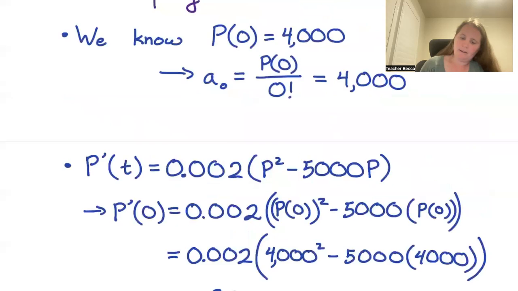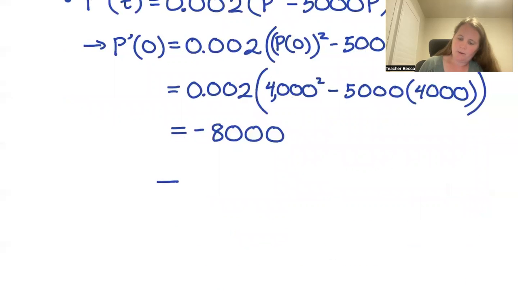So this means that our a sub 1, which is p prime of 0 over 1 factorial, is negative 8,000.